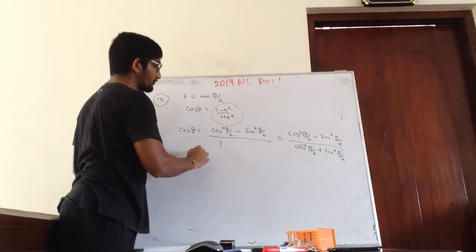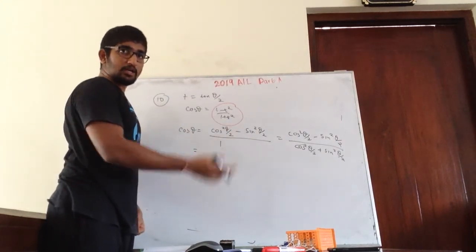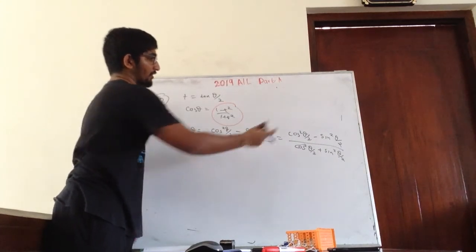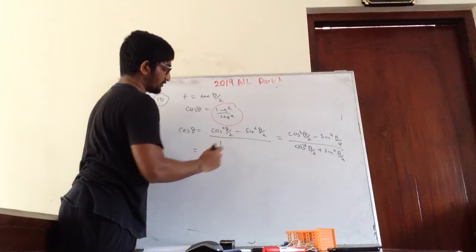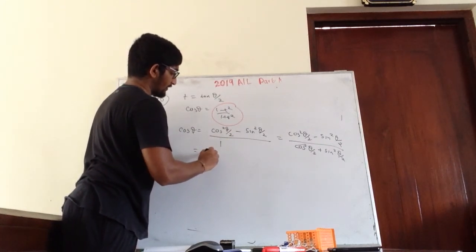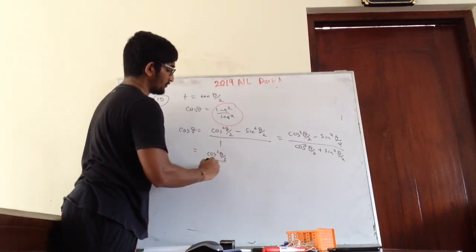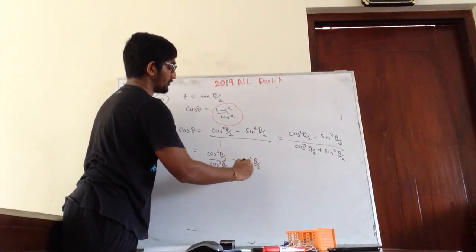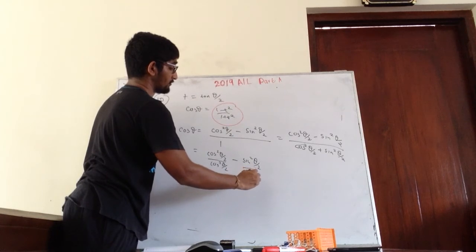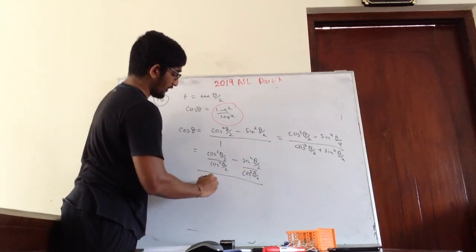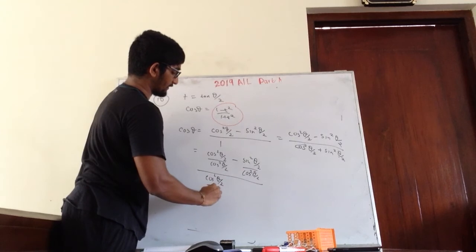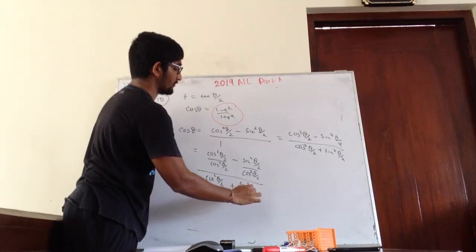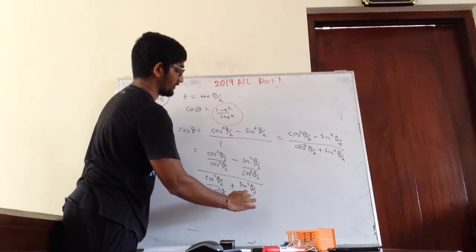Right? So what I am going to do is divide up and down both by cos square theta over 2. That is cos square theta over 2 over cos square theta over 2 minus sin square theta over 2 over cos square theta over 2, over cos square theta over 2 over cos square theta over 2 plus sin square theta over 2 over cos square theta over 2.